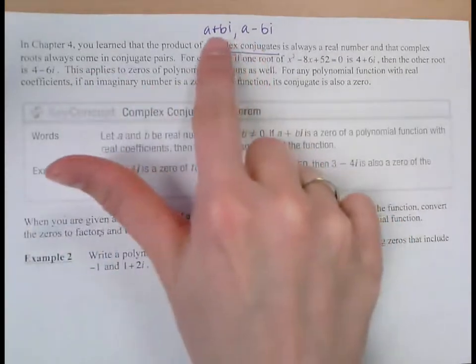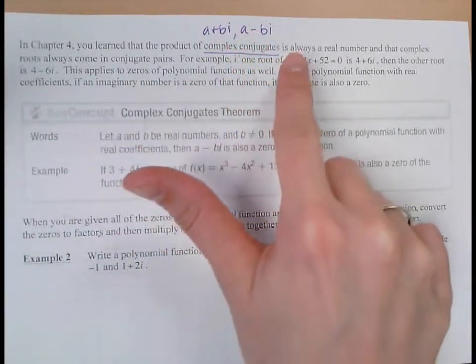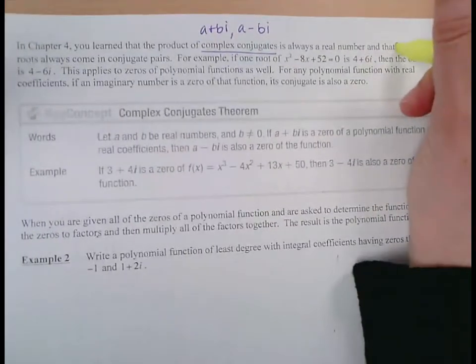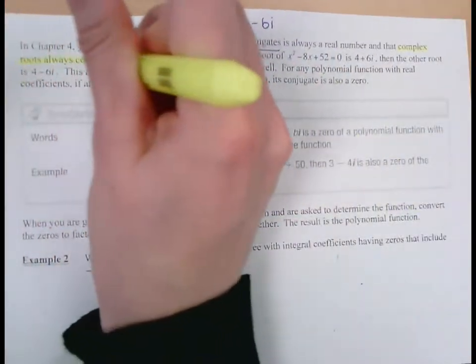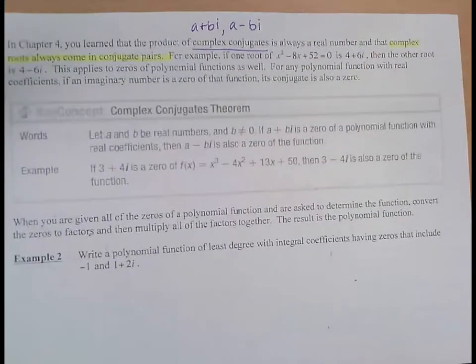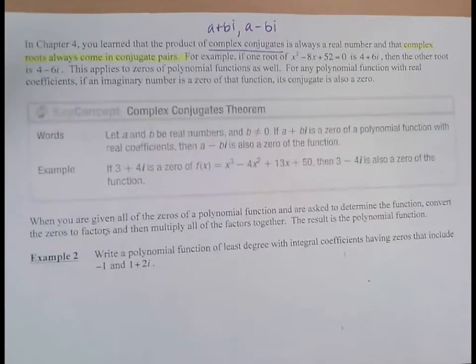So if you multiply complex conjugates, the product is always a real number. And complex roots always come in conjugate pairs. So you can think about the example we just did. 3 plus i and 3 minus i were 2 solutions. They are conjugates of each other. Imaginary solutions always occur in conjugate pairs.